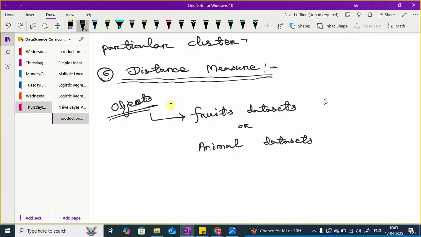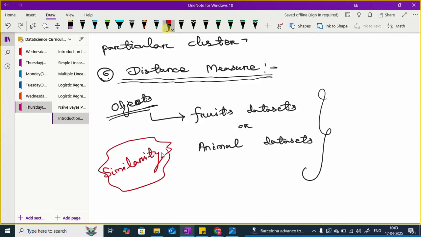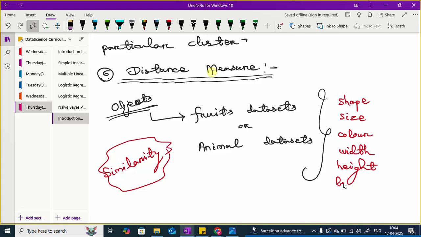That makes sense, because I can find one very important thing, similarity, based upon different features. What are those features? That feature may be shape, size, or color. Shape and size include width, height, length, a lot of things. Okay, that's fine, I understood.